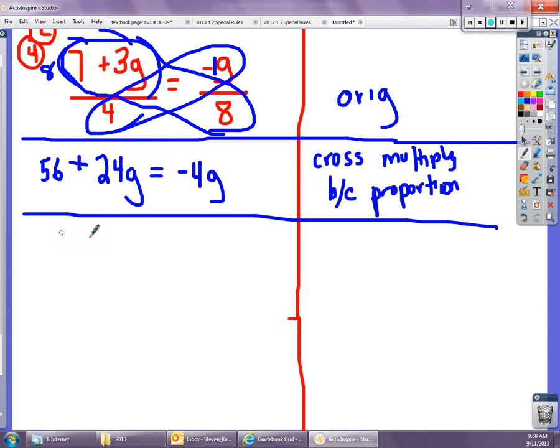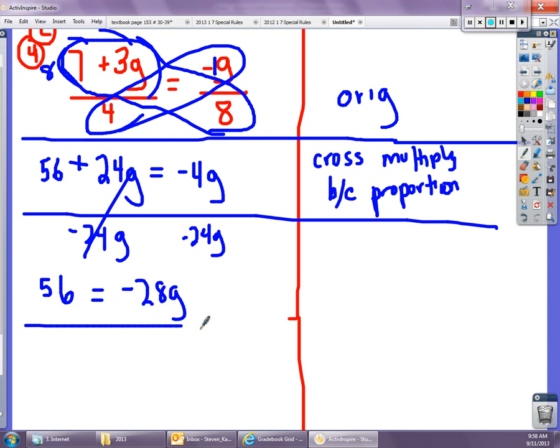This is the original equation. Now I'm going to have all my g's on the same side, so I'm going to subtract 24g on both sides. I'm left with 56 equals -4g minus 24g, which is -28g. And I subtracted on both sides, so that is the subtraction property.